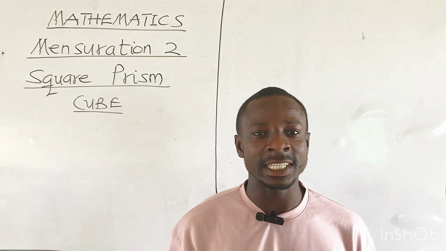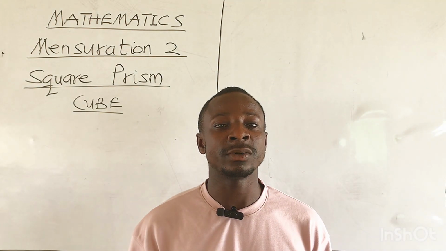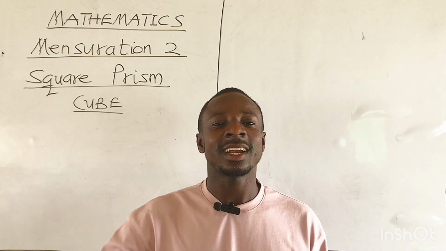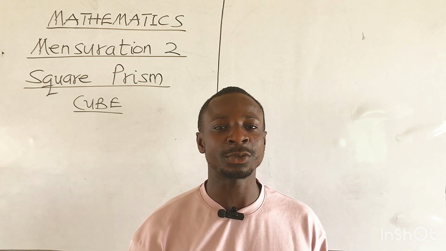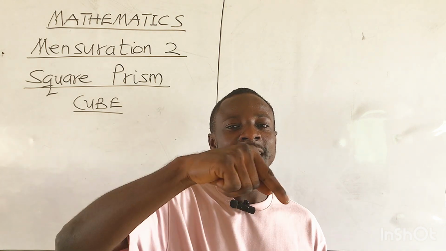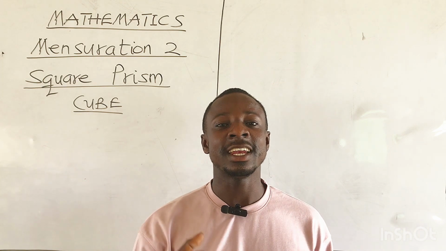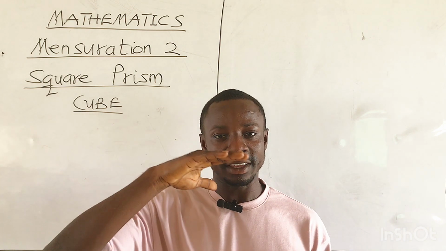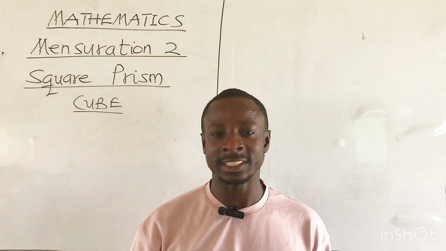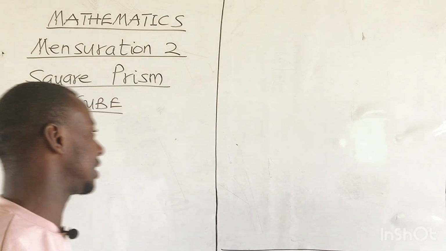Now I explained that when you talk about a prism, this is when the top is equal to the base. So the size of the top is equal to the size of its base. They all have equal size and equal dimensions. So now let's get a sketch.